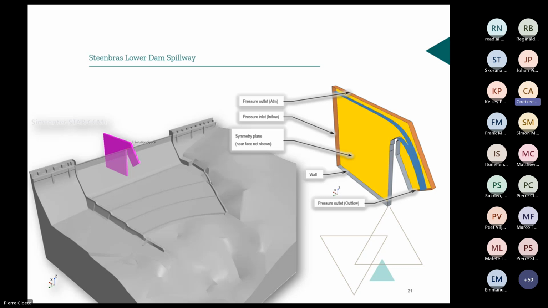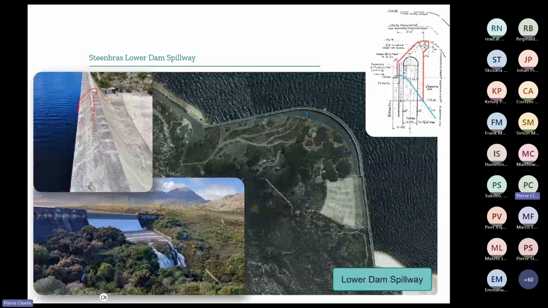Here we have one from Andreas who is saying, what time step did you use for the simulation and what was the maximum velocity over the spillway? Okay, so for the time step, we typically observe the Courant numbers and try to keep those below 1 and adjust the time step accordingly.